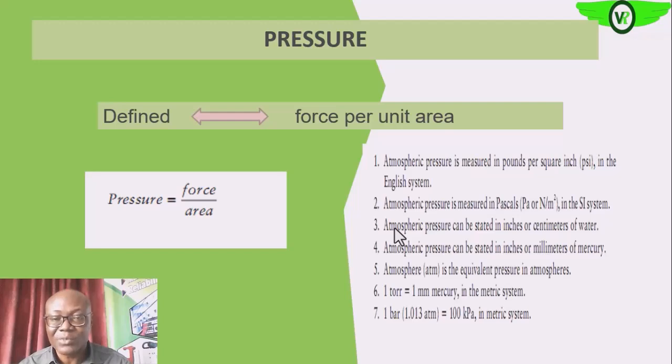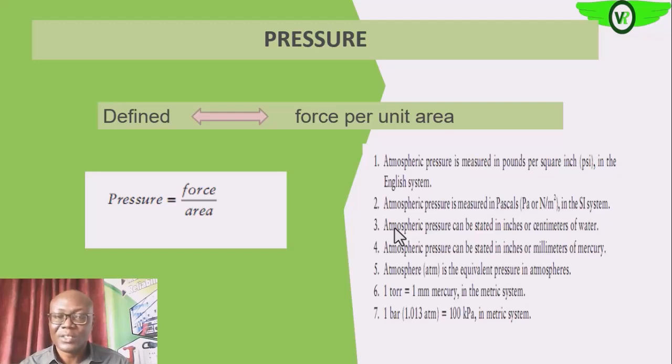That is atmospheric pressure, and that is equal to about 100 kilopascal in the metric system. So these are the various units that are used to represent this process variable, pressure.